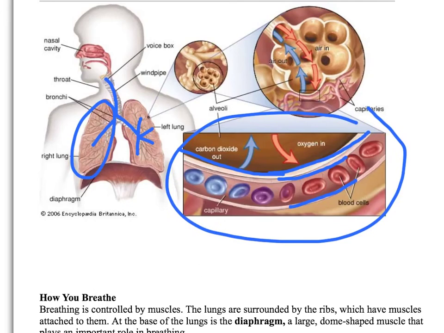Just to summarize, you do need to remember that alveoli and capillaries have very thin walls in order to allow the exchange of oxygen, carbon dioxide and water. Oxygen will go in from the alveoli into the capillaries, carbon dioxide will move out, so will water, and then the red blood cells will get oxygenated and will move back to the heart to be pumped into the body.